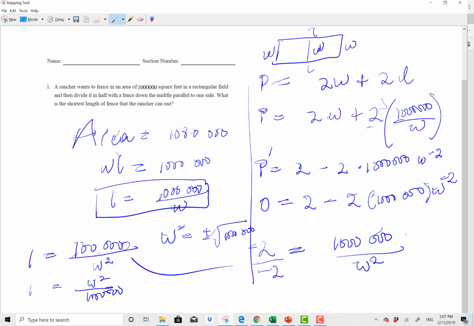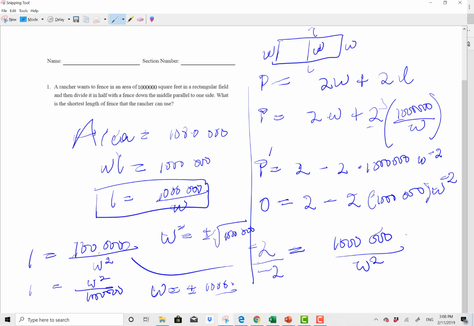Now if you do the plus or minus, W is then going to be equal to plus or minus 1,000. Obviously it's the width, and we're trying to minimize the width, so we cannot have a negative width.